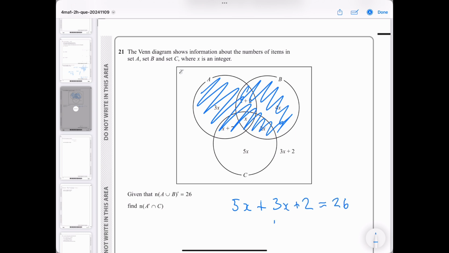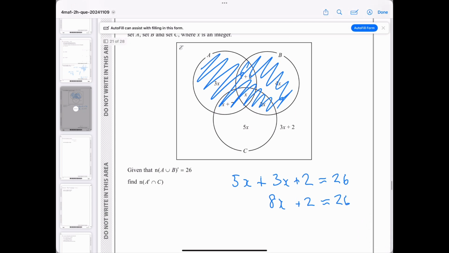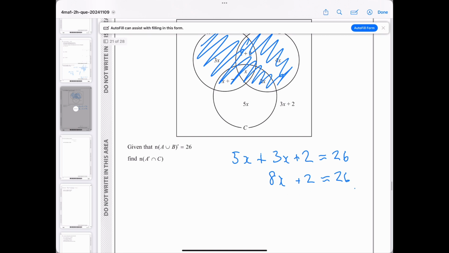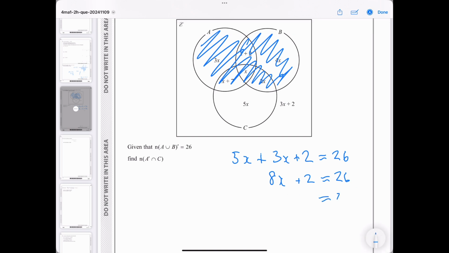So that means that 8x plus 2 equals 26, which means that, take 2 off both sides, 8x equals 24, so x equals 3 if we divide through both sides.